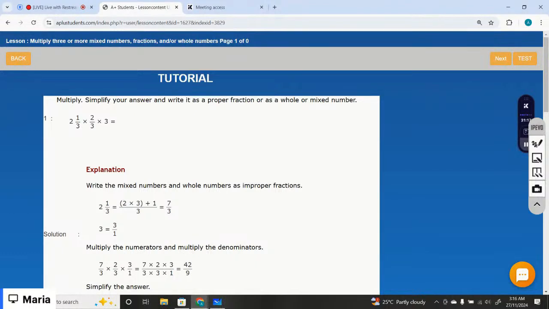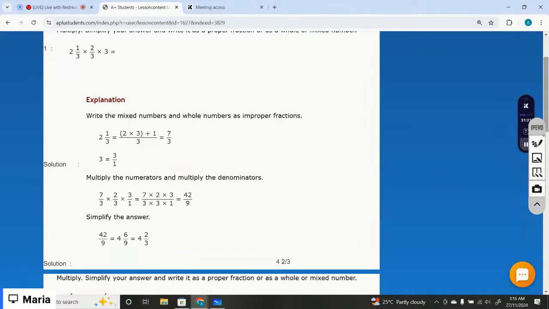So convert 2 whole 1 by 3 to a fraction, that is 2 times 3 is 6, that is 7 over 3. 7 over 3 times 2 by 3 times 3 by 1. So 3 and 3 cancel out each other. You are left with 14 over 3. That is 4 whole 2 by 3.